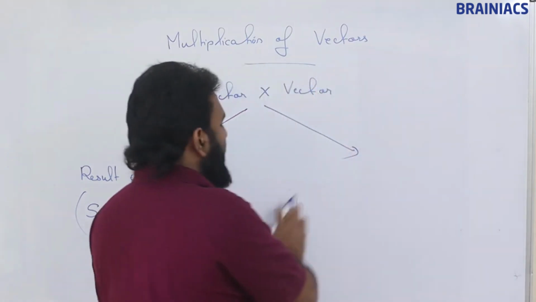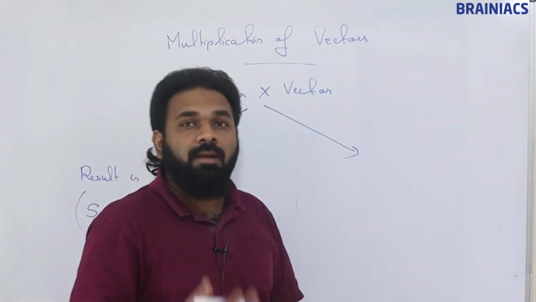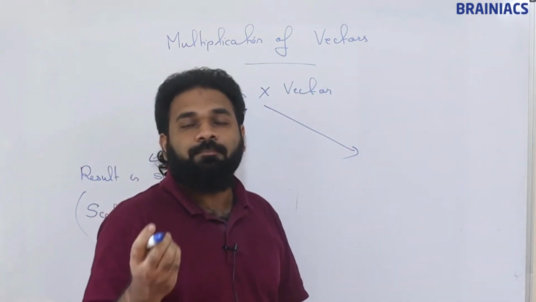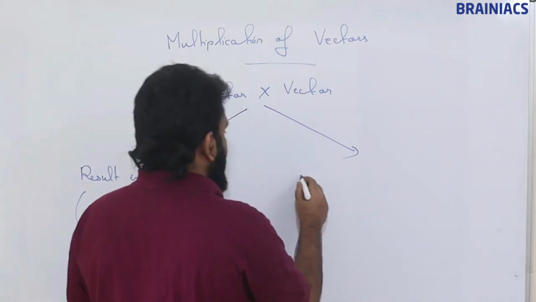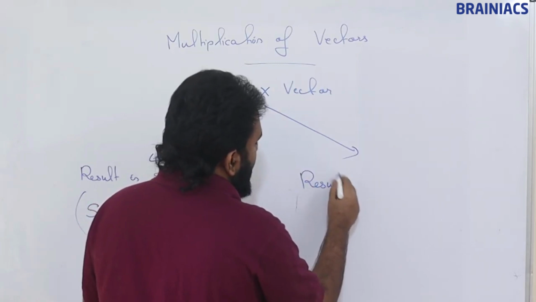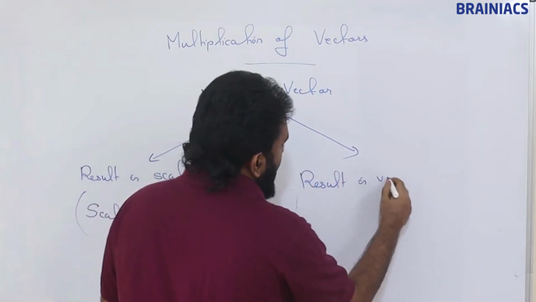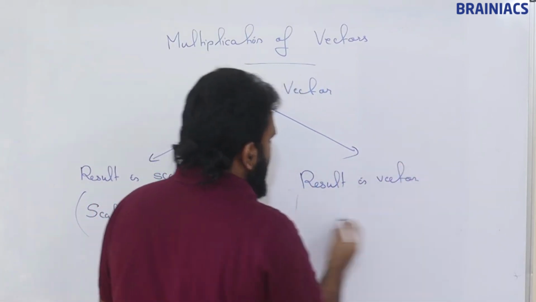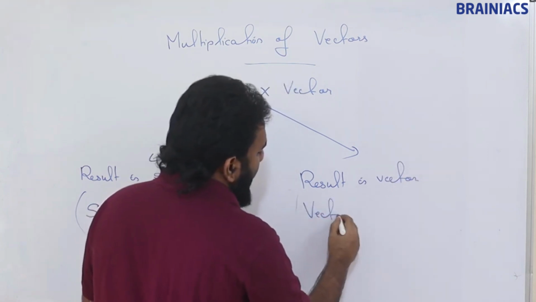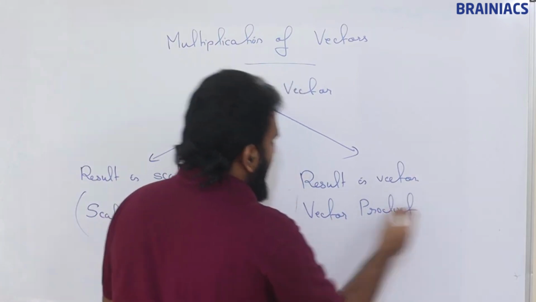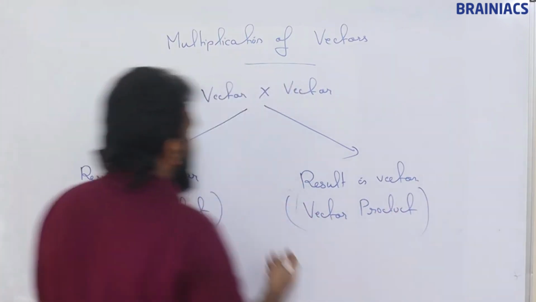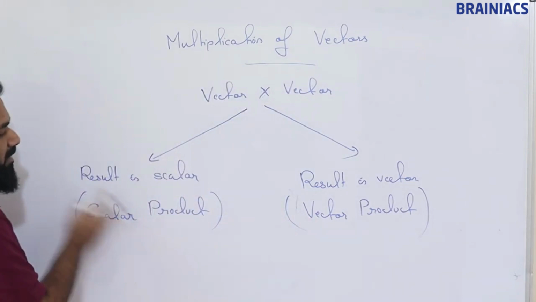Now when we multiply vector into vector, the other possibility is we will get a result as a vector itself. So the result is vector. This is called vector product. So when the result is scalar, we say scalar product.